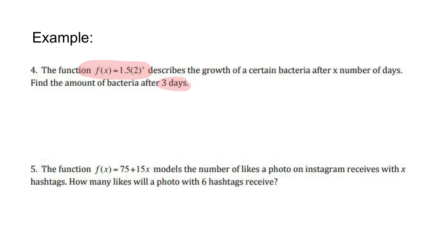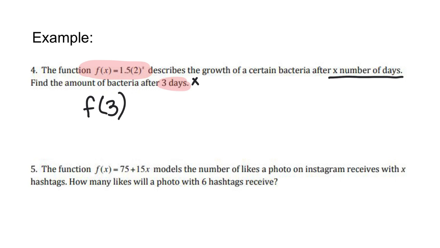So they're usually going to give you a function. They're going to give you some value. Your first goal has to be to decide if the value they give you is an x or a y. So when they ask me to find the amount after 3 days, and I've got to decide is that x or y, well, over here it tells me x is the number of days. So 3 days is going to be an x, which means I'm going to evaluate this function for f at 3.